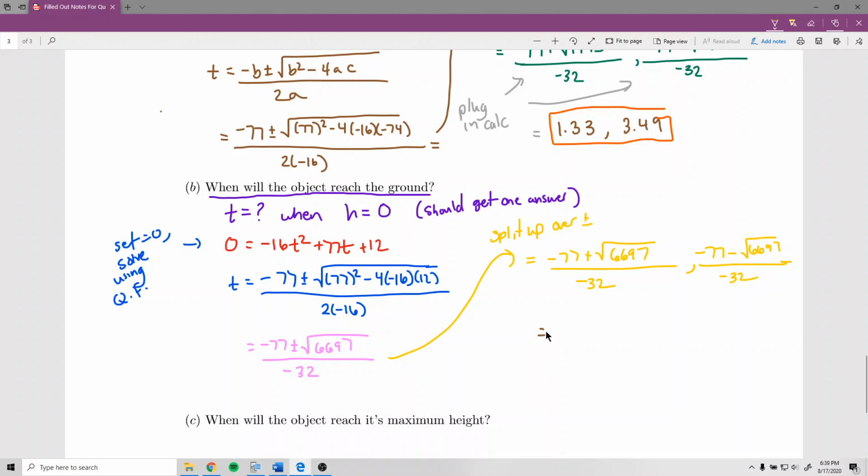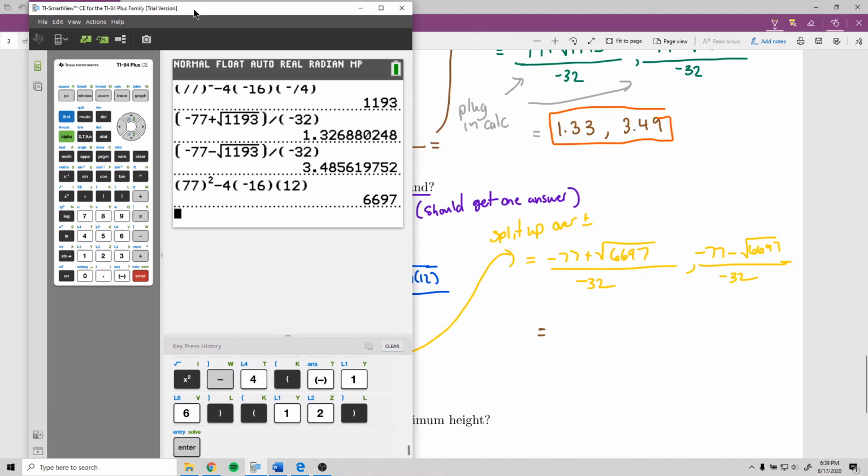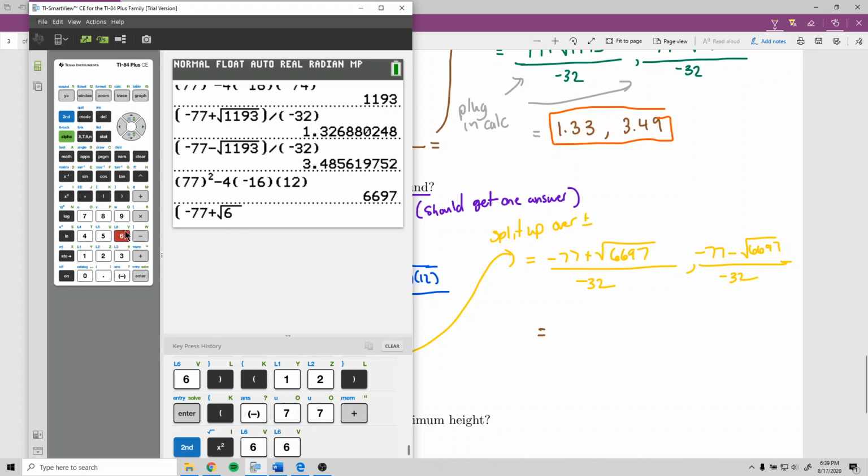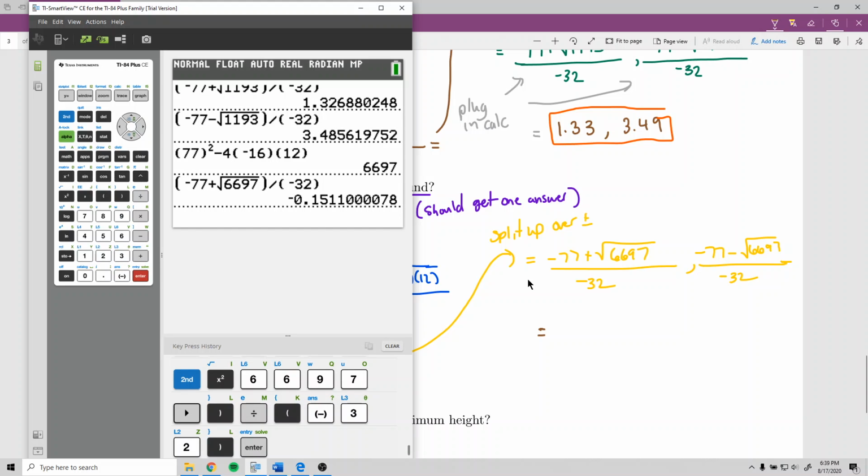We will get two answers here because we're going to get one for each, but we'll see how to deal with the one answer thing afterwards. All right, so let's work it out. We got negative 77 plus the square root of 6697 divided by negative 32. We get negative 0.15.